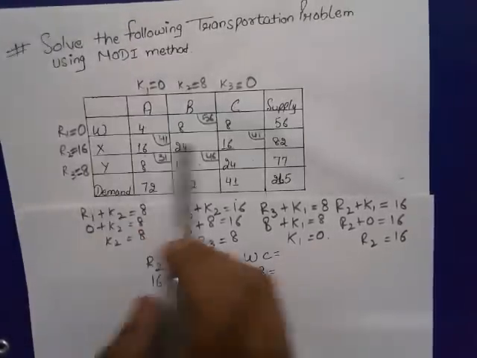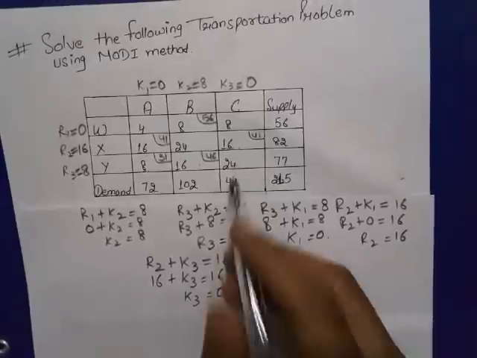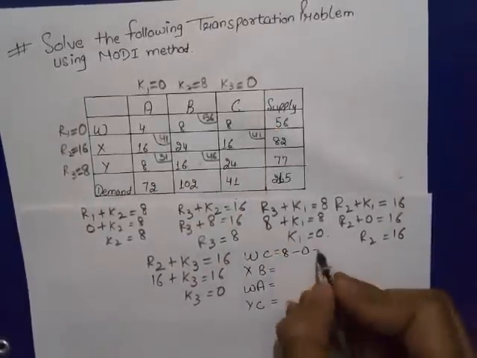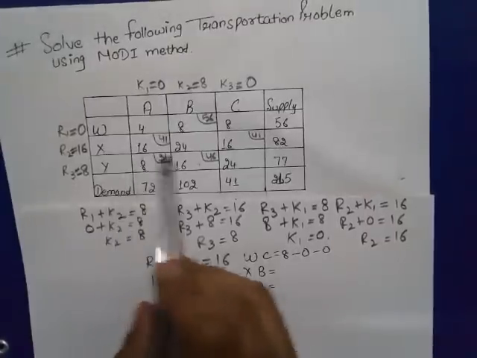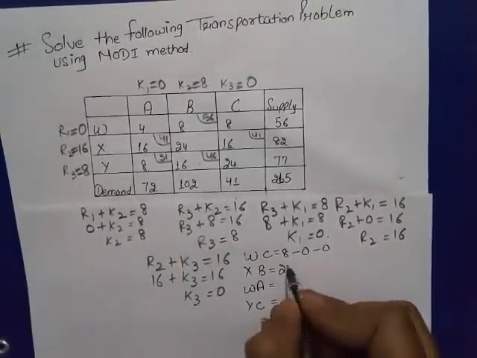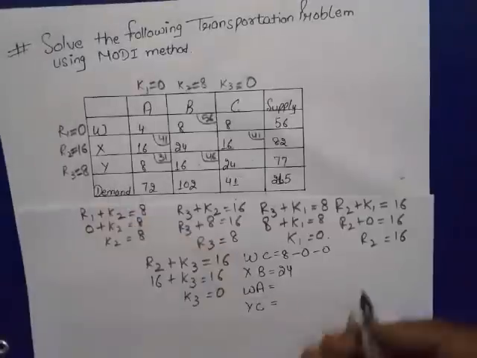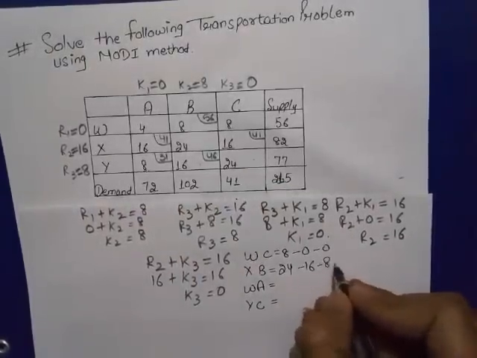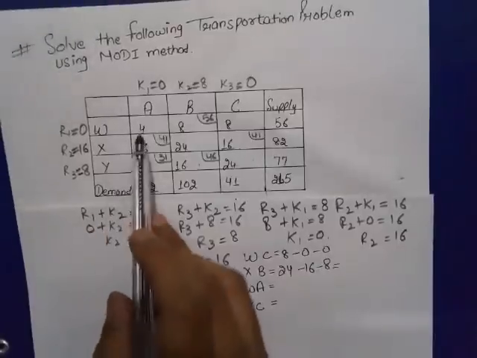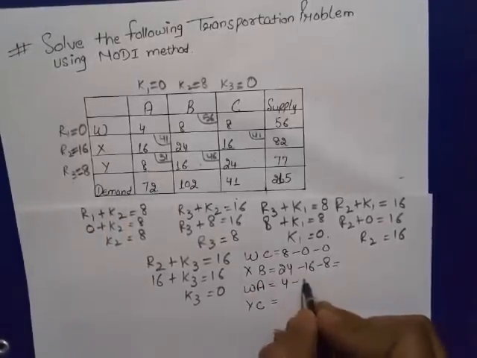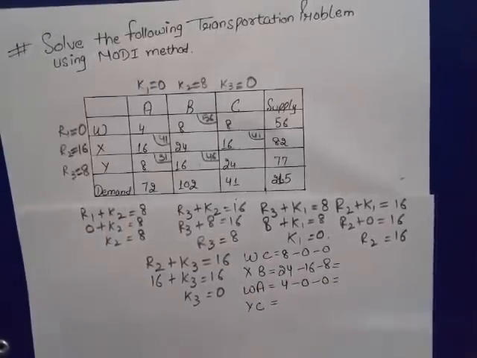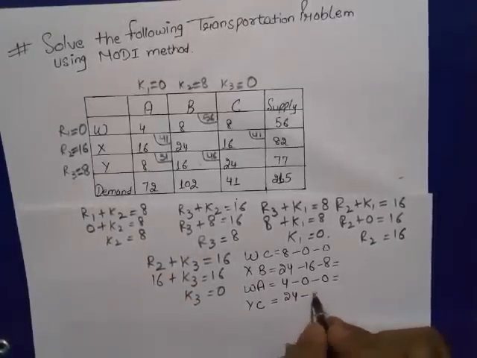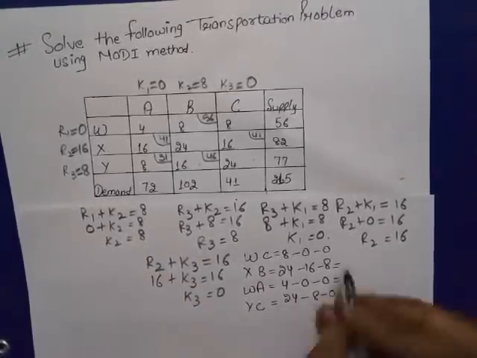So for WC the value is 8 minus 0 minus 0. XB is 24 minus 16 minus 8. For WA, 4 minus 0 minus 0. For YC, 24 minus 8 minus 0.